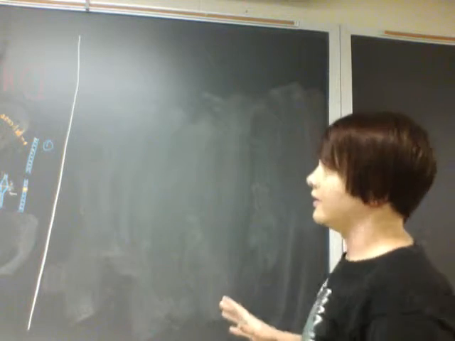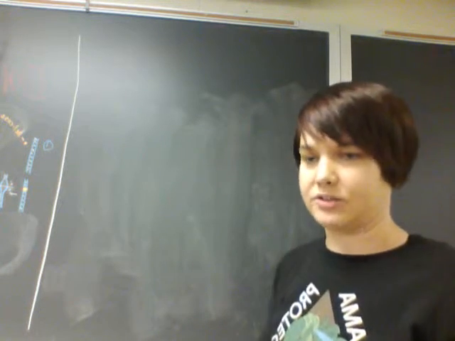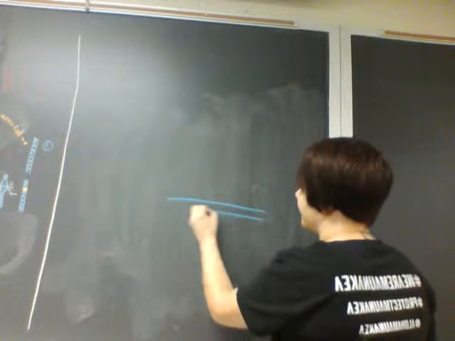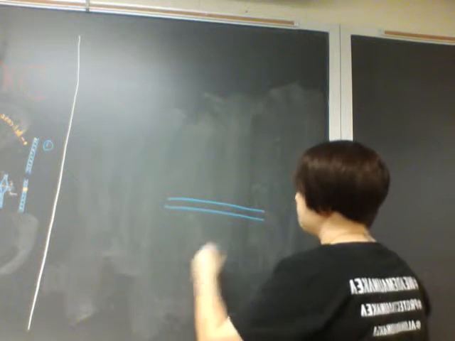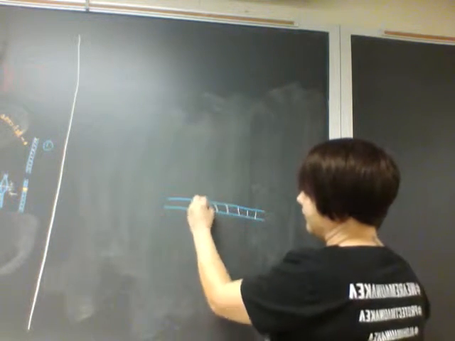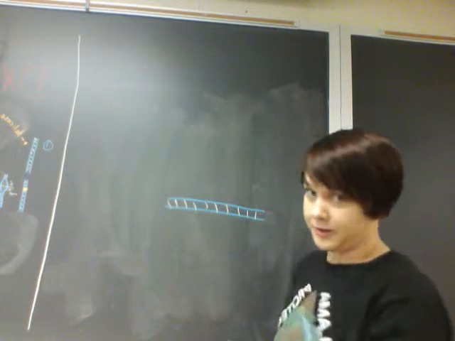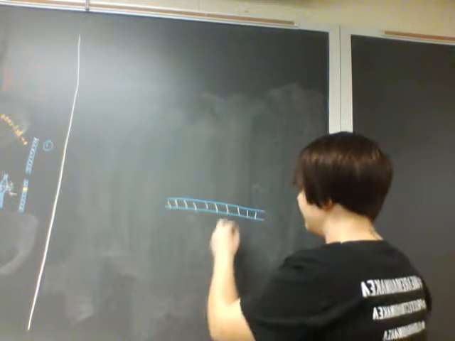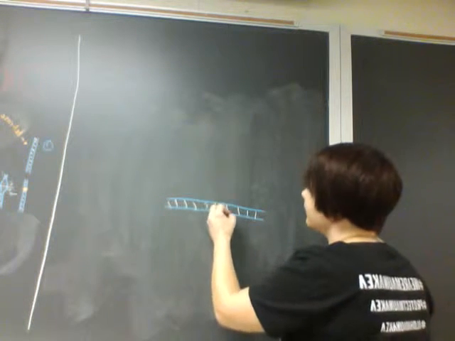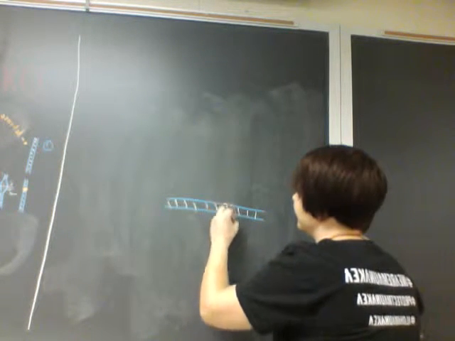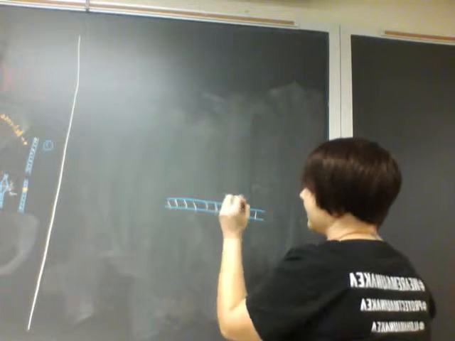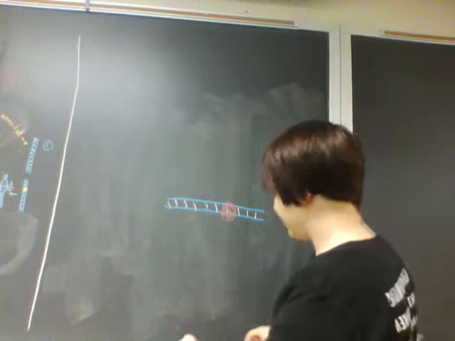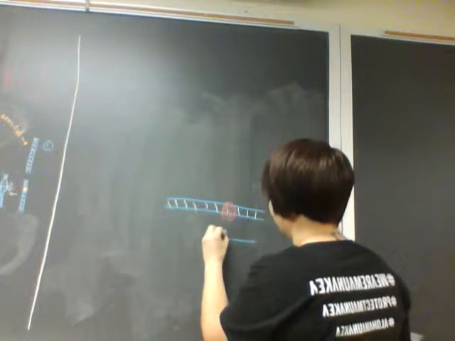So step 1 of DNA replication is a helicase comes in. So here's our very, very crude DNA molecule or DNA strand. So this helicase comes in, let's put him right here in this location. It comes in, it attaches and begins to make a bubble.